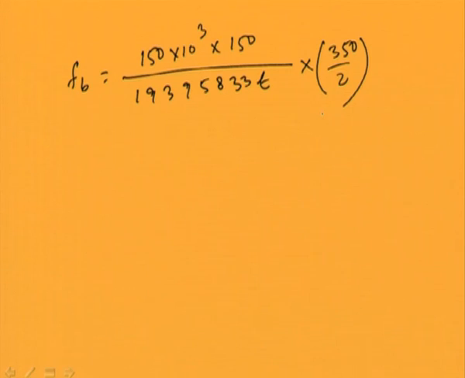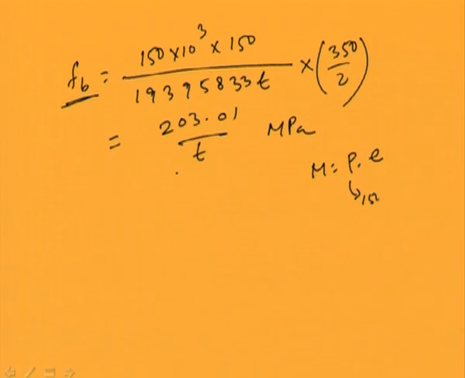So FB can be calculated, which is the horizontal stress due to bending. This can be found as 203.01 by T MPa. So the bending stress due to the eccentricity of the load is 203.01 by T MPa, where the moment has been calculated as P into E, where P is 150 kilonewton and E is 150 mm. In the question it was given. So from this we can find the FB.